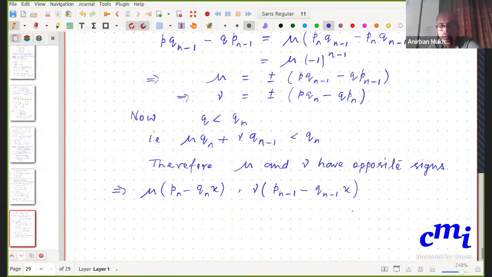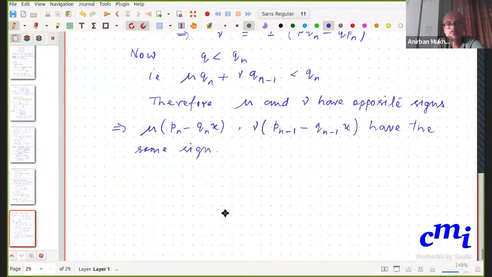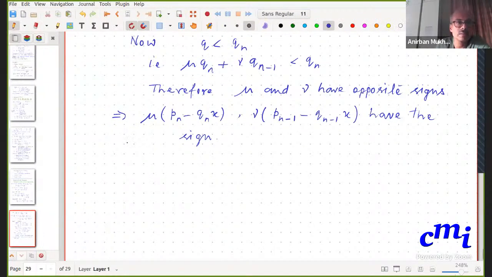Therefore if we multiply by mu and nu, which have opposite signs, they have to have the same sign. So these two have the same sign, either both negative or both positive.